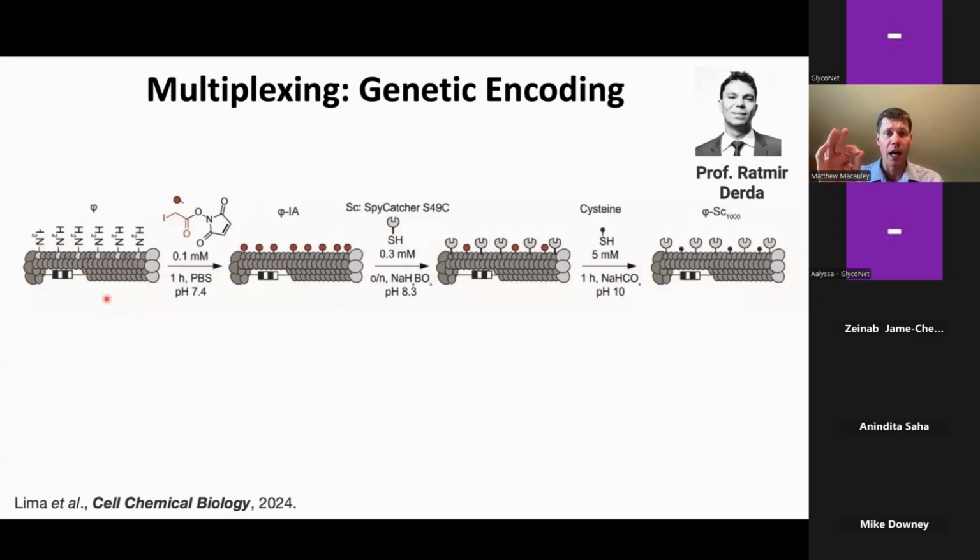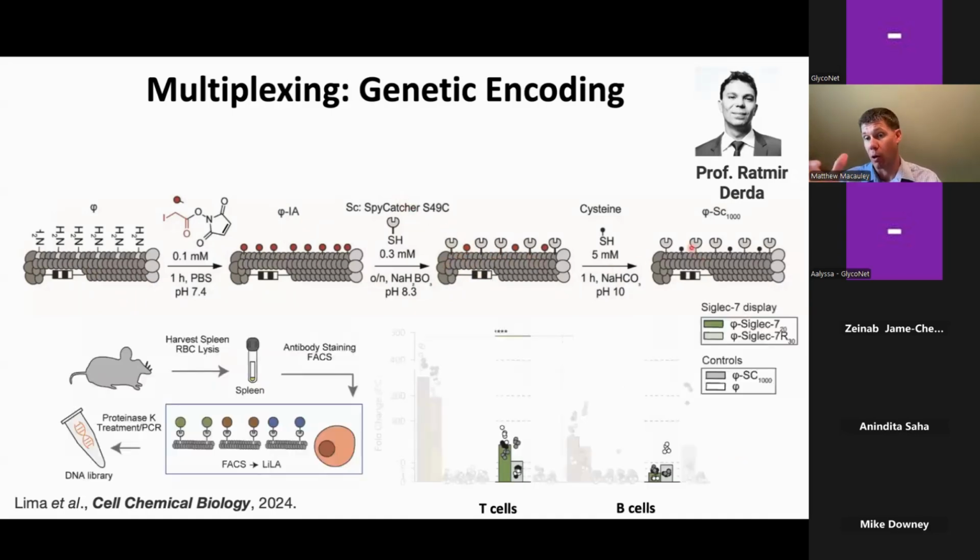They undertook a very similar study where they were able to chemically modify bacteriophage barcoded with SpyCatcher, and then put our Siglec Fc onto that SpyCatcher. And they undertook a very similar experiment where they injected these into a mouse, took out the white blood cells, and then profiled where the Siglecs were binding.